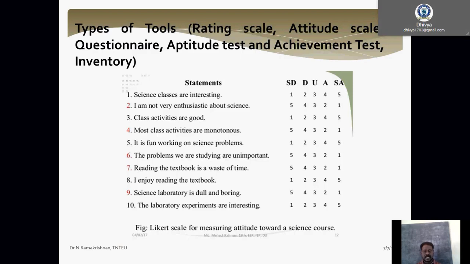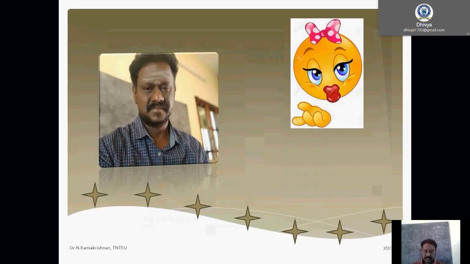I enjoy reading the textbook. Science laboratory is dull and boring. The laboratory experiments are interesting. This is attitude towards a science course. So you can also use this as an inventory to find out the interest of students in science classes and science subjects.